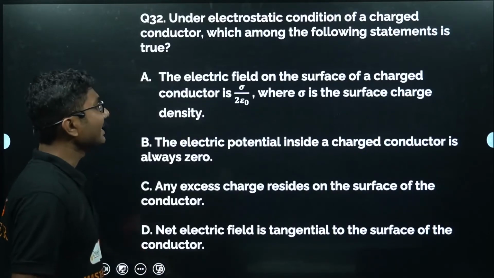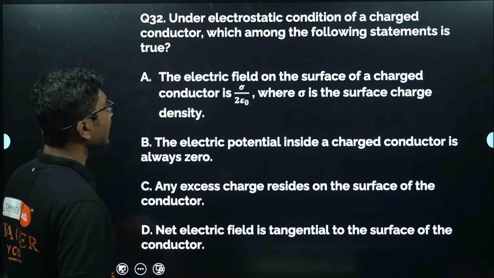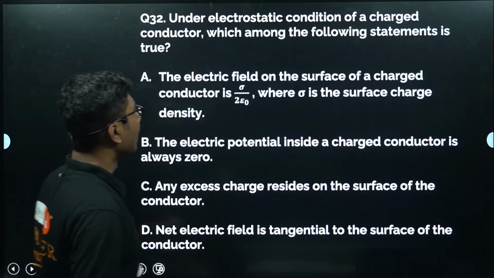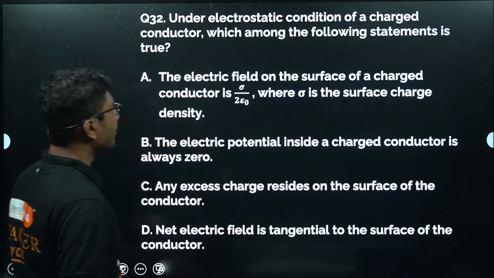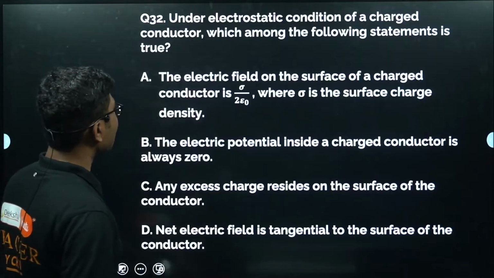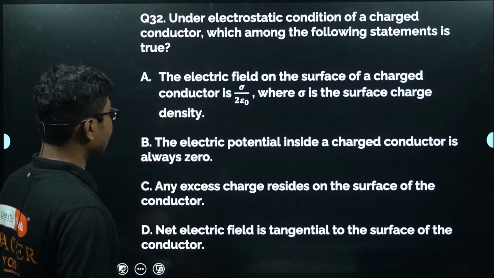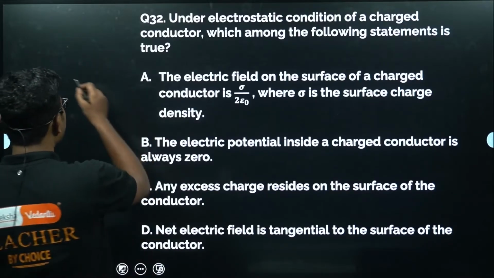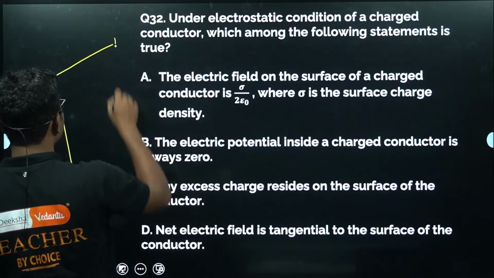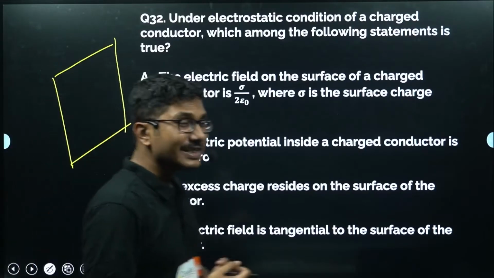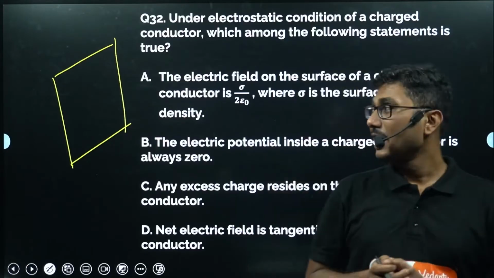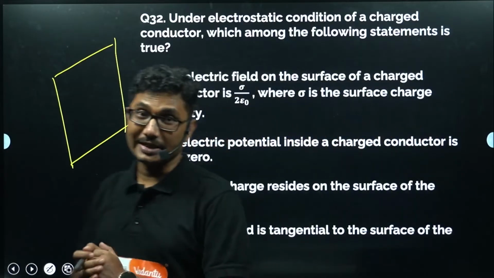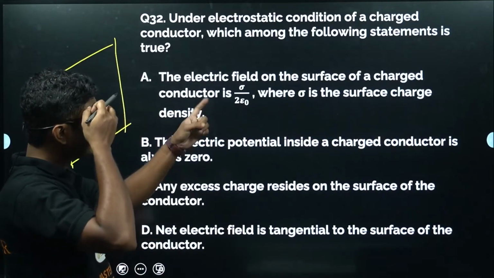First, the electric field at the surface of a charged conductor is sigma by 2 epsilon naught, where sigma is the surface charge density. This is not correct because we know that it holds only for a charge sheet. Only in the case of an infinitely long charge sheet is the electric field this.